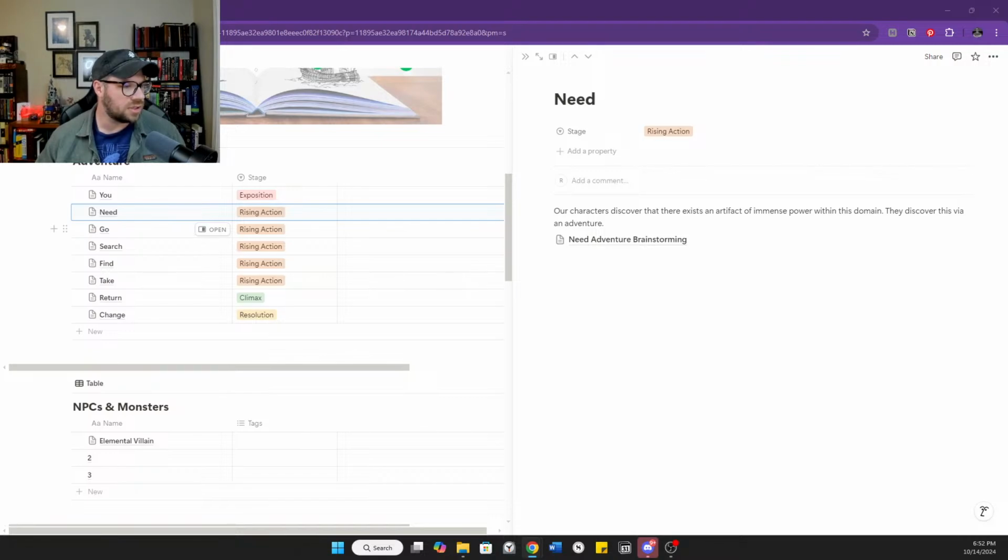Let's see here. If we did what? Whips were CR1, and then monitors were CR3. I'm thinking probably starting at level 1, level 2 at the highest.